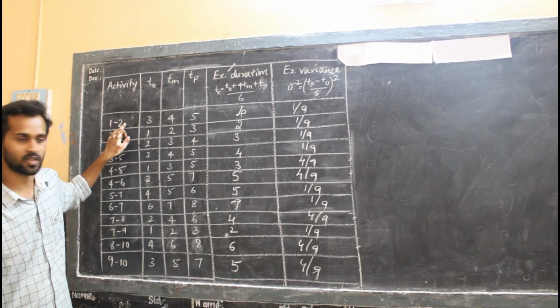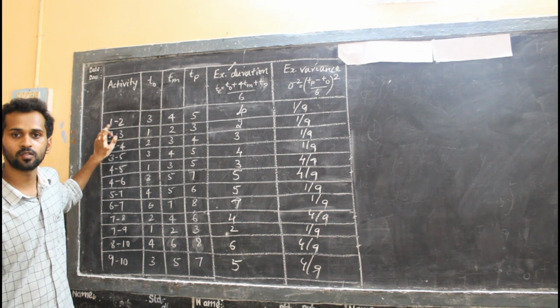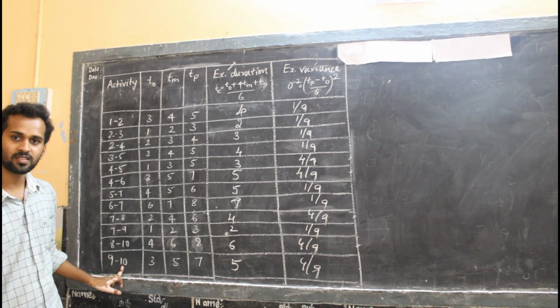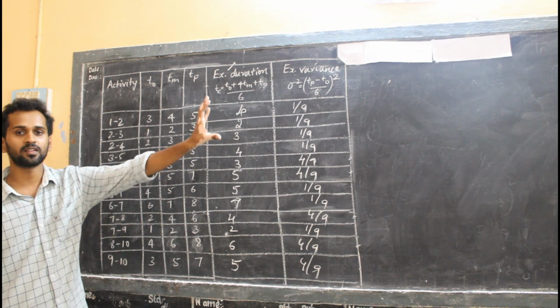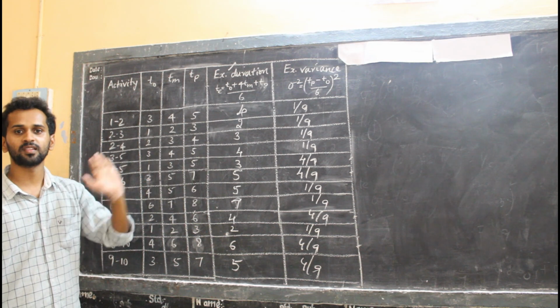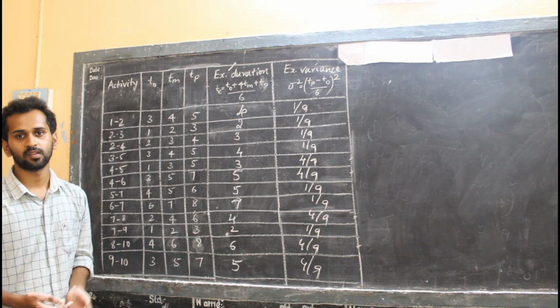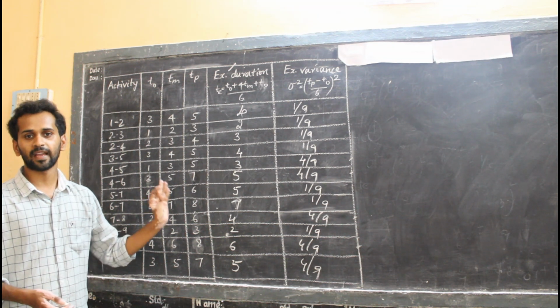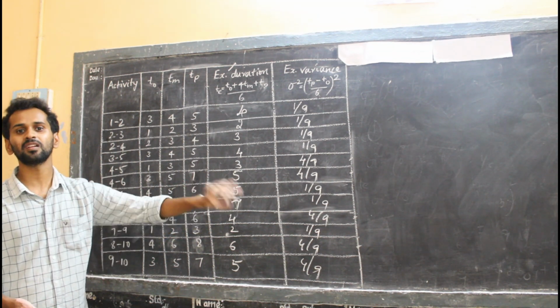My initial event is 1. Is it clear? The last event is 10, so I need 10 events on the network. I will start drawing the activities simultaneously to complete all the events here.